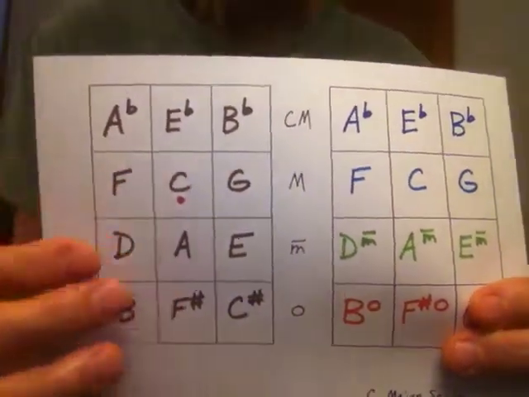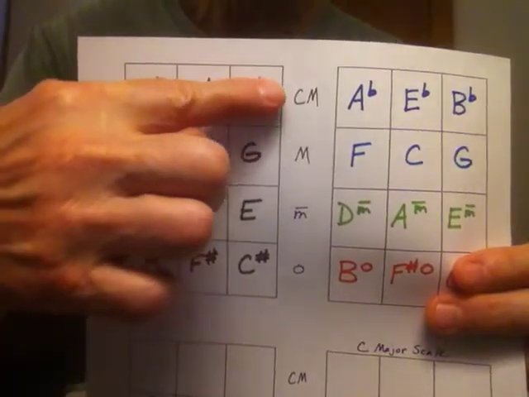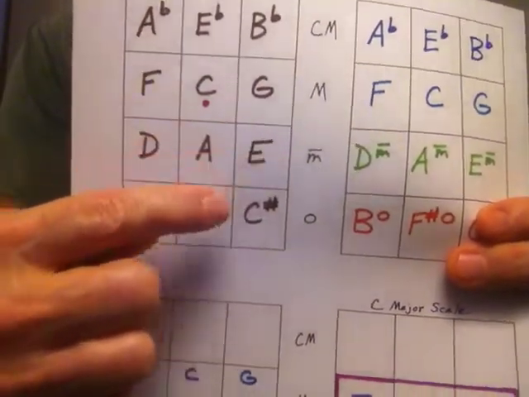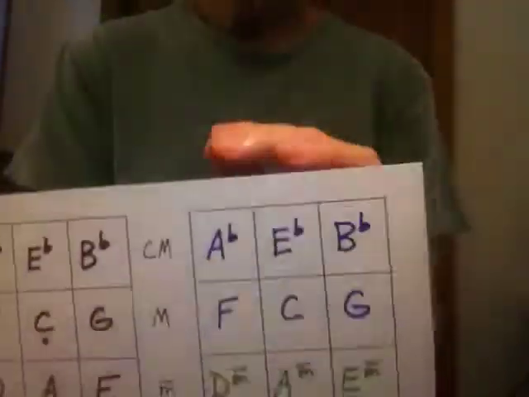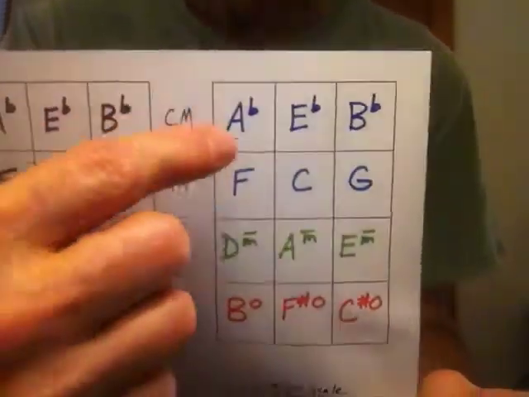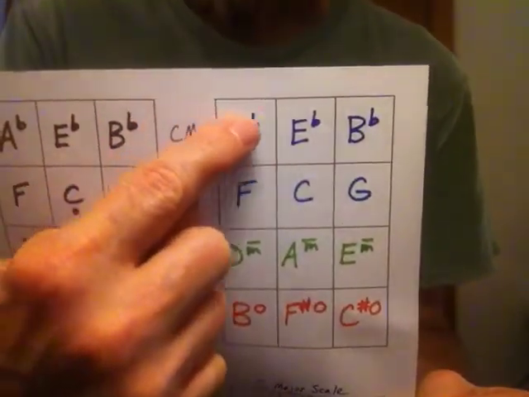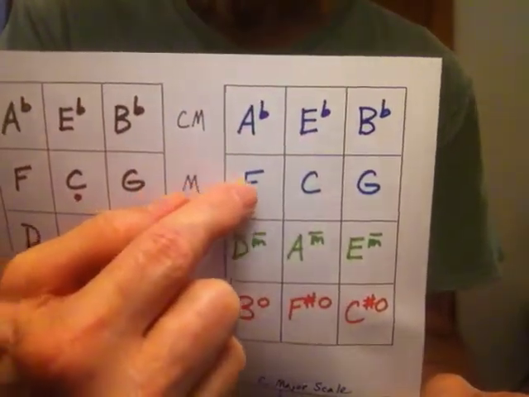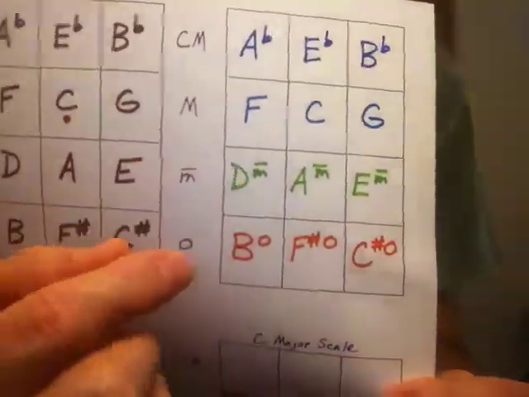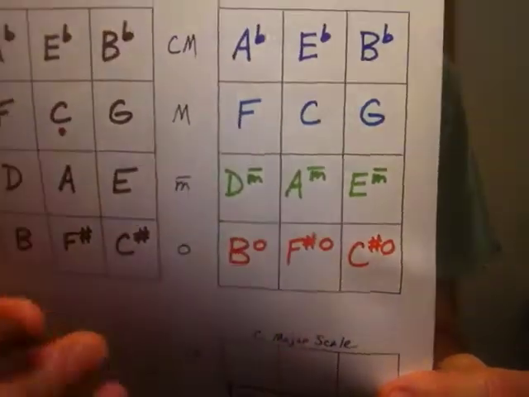That's C. So you see you have your counter major data ring, your major data ring, your minor, and your diminished data ring. Now with that in mind, as I said repeatedly, you can now envision major chords, minor chords, see I even put the minor symbol, and diminished chords.